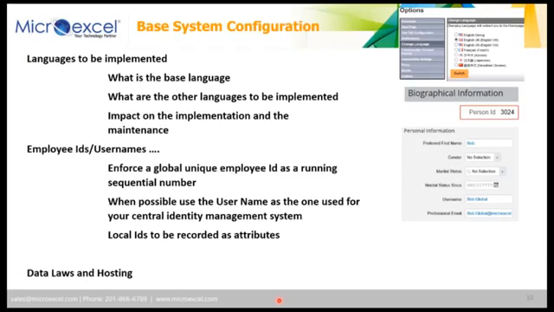And at a later stage, you may even have it integrated so that you don't have to maintain passwords within SuccessFactors, but it's going to read them directly from your central systems.